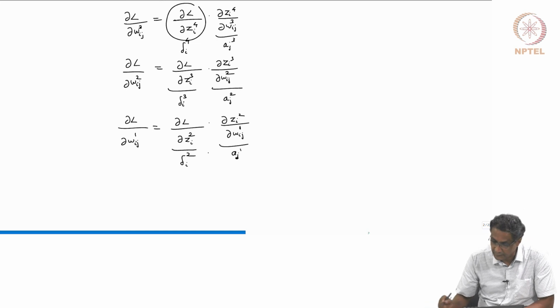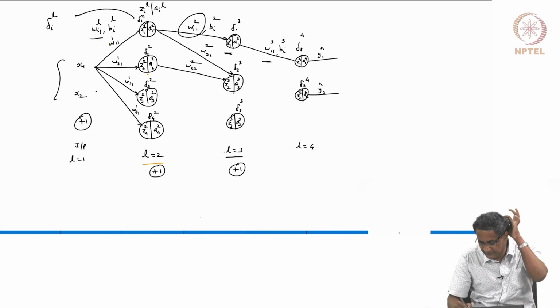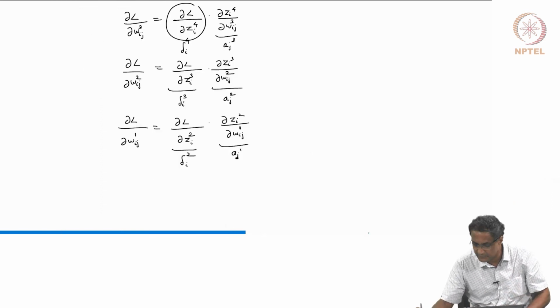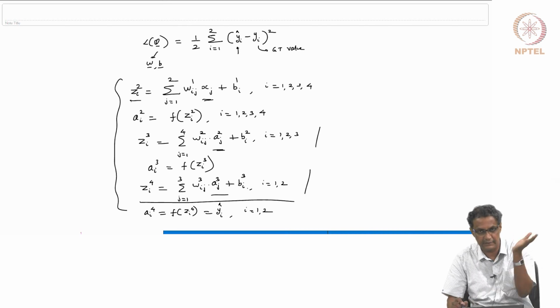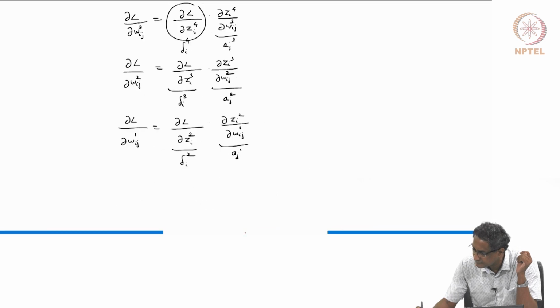Oh, sorry, there is one change, because of the input. What you have is xj coming in, therefore there is no Aj there. When you talk about Zi2, the input is xj; in the rest of the places you had Aj, but at the first layer you have xj. So I'll put xj for the last one alone.